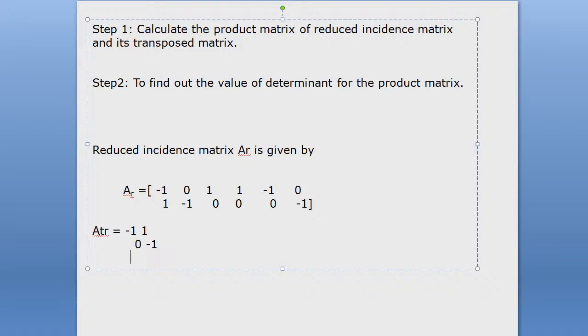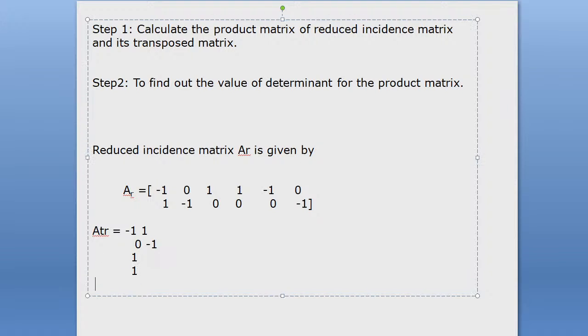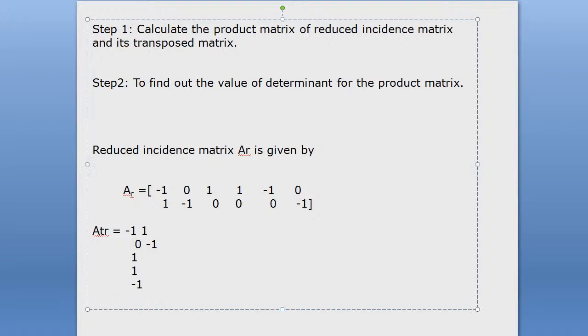Actually, you write this row as a column. So first you write 1 0 1, then 1 minus 1 0.